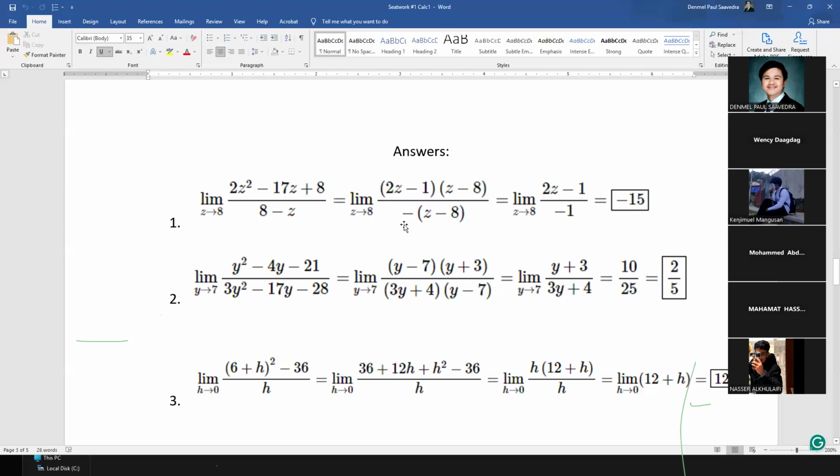We did this so that we could cancel out the z minus 8, retaining 2z minus 1 over negative 1, which would give us a result of negative 15 if we substitute 8 for z. So the limit of 2z squared minus 17z plus 8 over 8 minus z as z approaches 8 is negative 15.